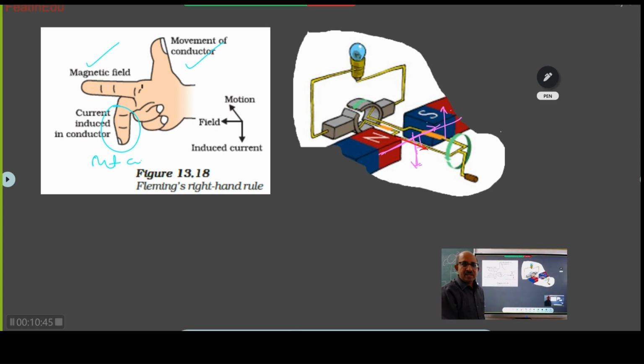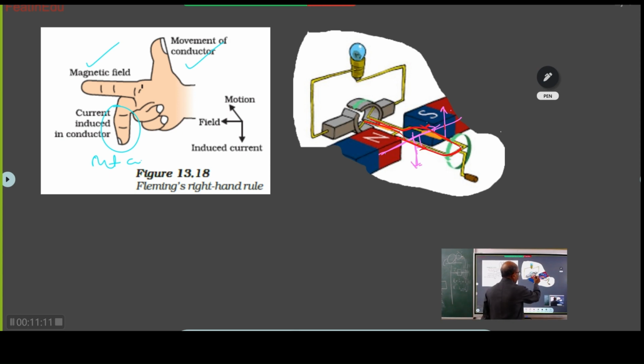On this arm, the motion is up and the magnetic field is like this. The current will go towards the board. So this current will travel like this. Understood?